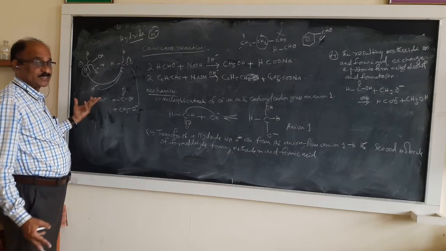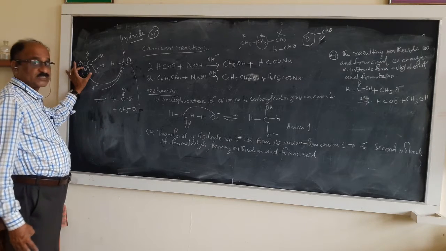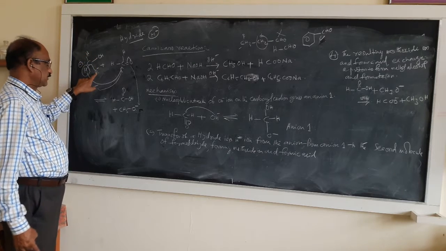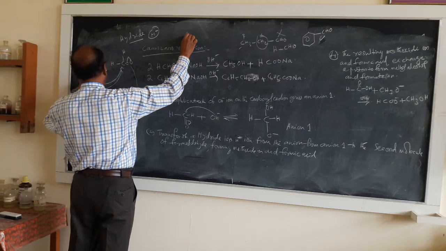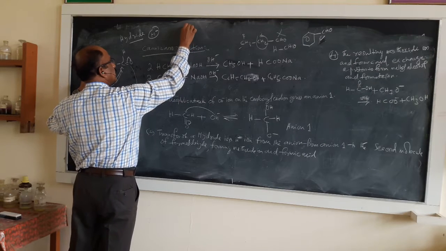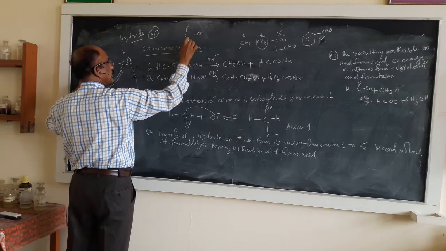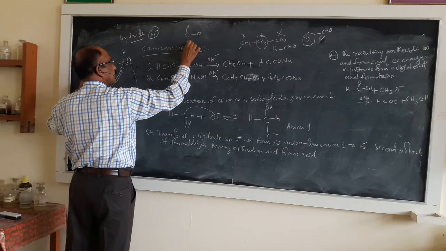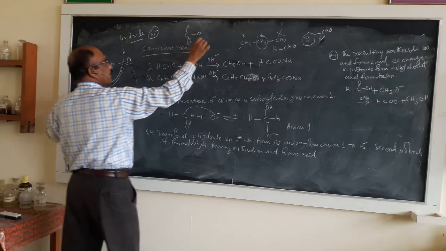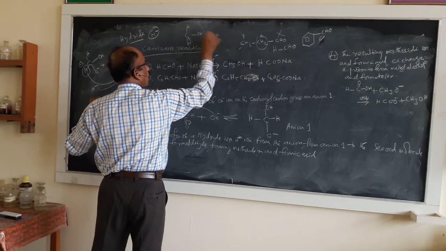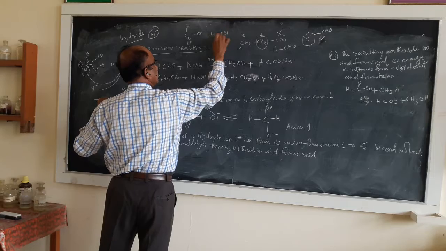After the removal of this H minus ion, not reduction, I can say removal, you may misunderstand, there will be HCOH O minus. This is O minus, and this electron will go back. So there will be HCOOH.